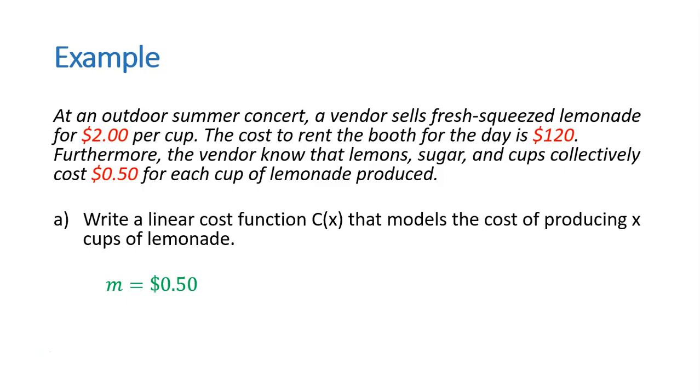So for each cup of lemonade we make, we have to pay 50 cents to our suppliers. And then B, our fixed cost, is going to be $120. Regardless of how much lemonade we sell, we have to rent the booth. So we have to pay $120 regardless of whether we make and sell any lemonade or not. So that's considered our fixed cost. That means our cost function, mx plus b, is going to be 0.5 times x plus 120.